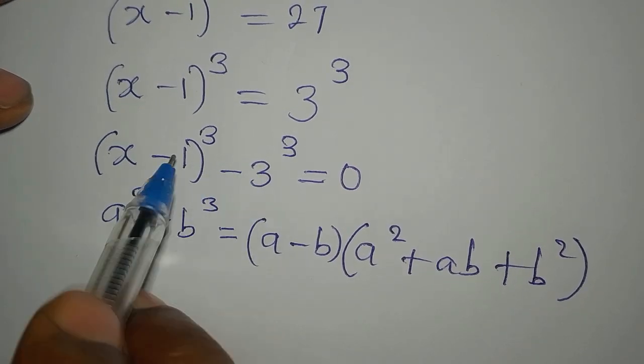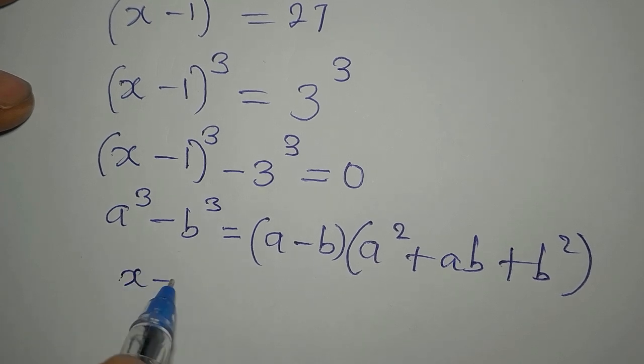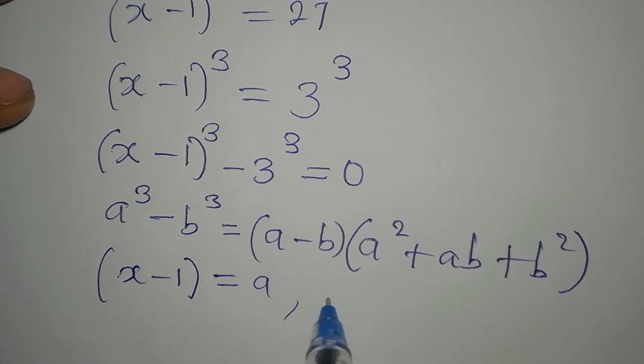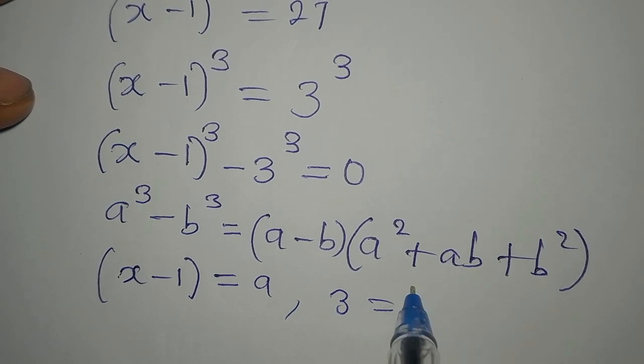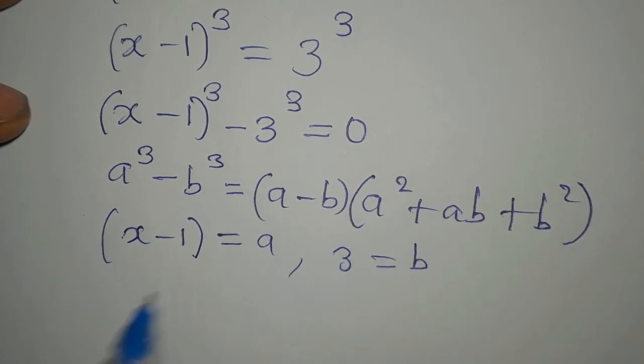Let's express the whole of this in the form of this, because as it is now, our x − 1 is going to be equal to a, and our 3 is equal to b.